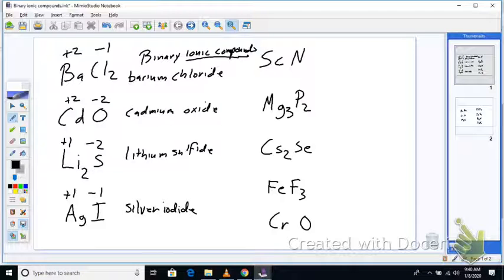Okay. Now we're going to do another pattern type of thing, because I get the names, but how do they figure out the charges? So I want you to take a couple minutes with these 4 examples, which isn't a lot.